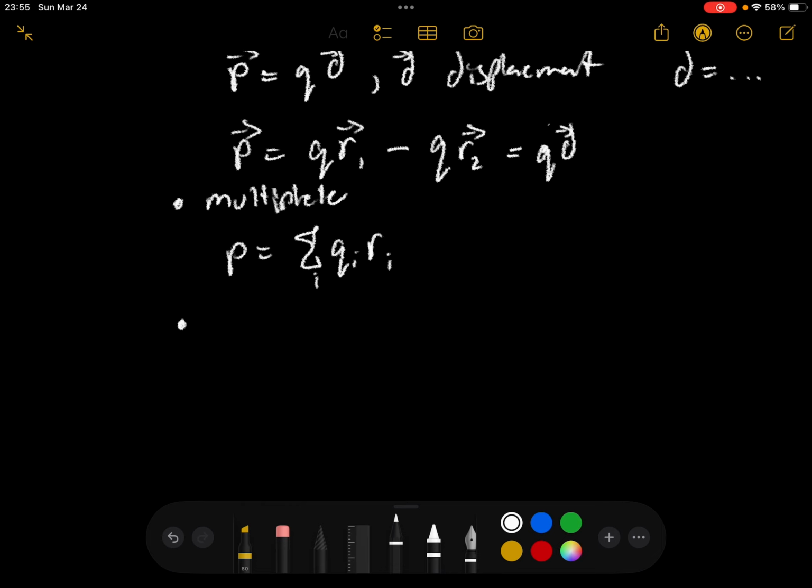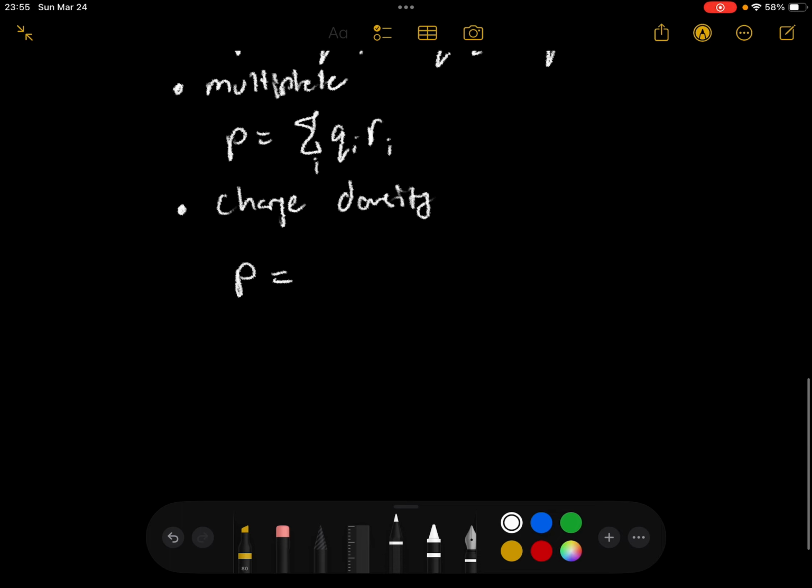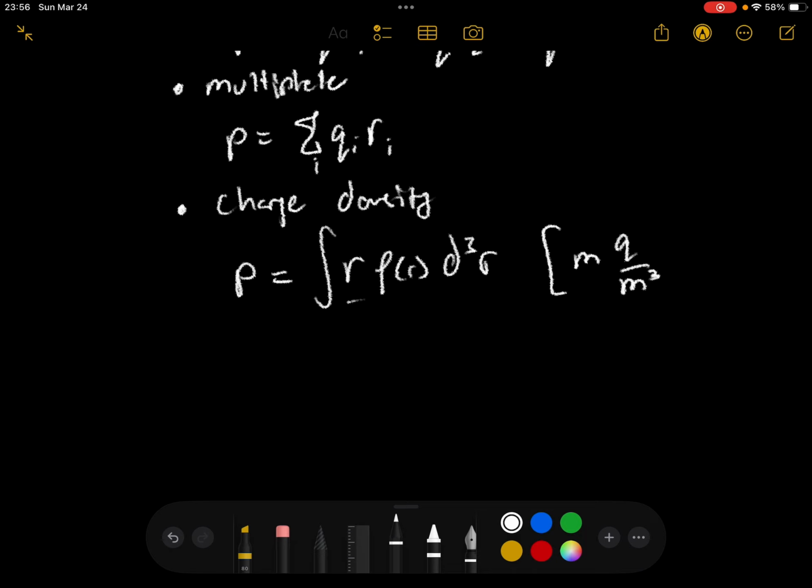And then beyond that, for the charge density, back to that dipole, it is the integral of the distance times the density, which is a function of the distance r, differentiated by r, the distance again, cubed. This is because the density is charge divided by volume, which is meters cubed, and this is differentiated by meters cubed right here, because that's going to be 3 times the meters.